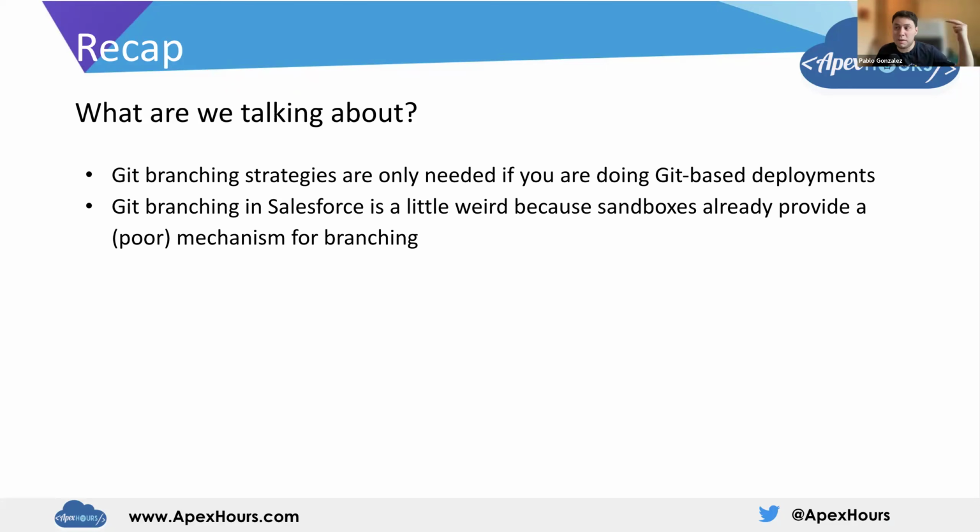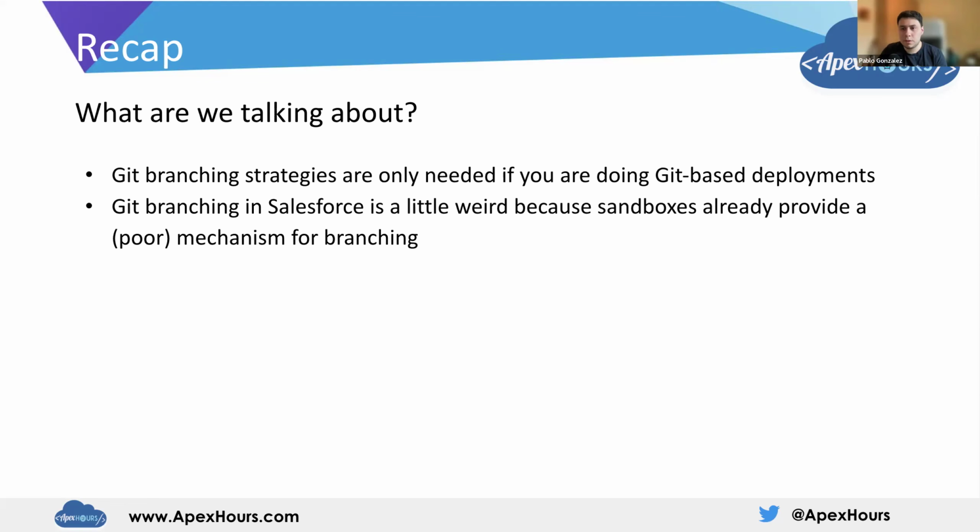And that's because we have sandboxes, and they already provide kind of a poor mechanism for branches. So there's always this weird mental mapping where you're thinking, does my sandbox represent a branch, or is the branch in sync to the sandbox? I'm only putting this out there because when I started learning about Git branching strategies, I was always confused about this sandbox thing, and it was always in my head.